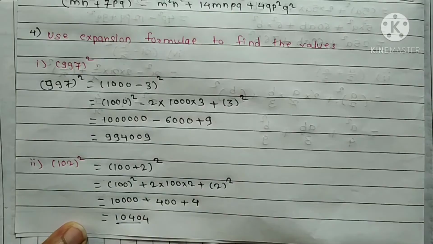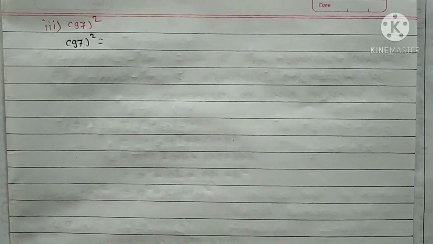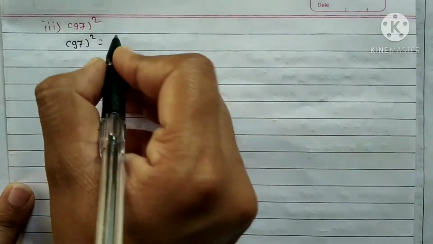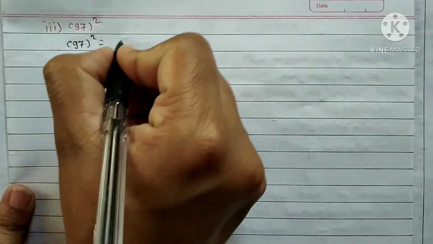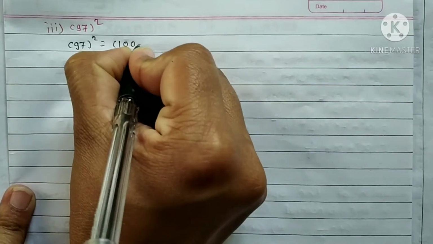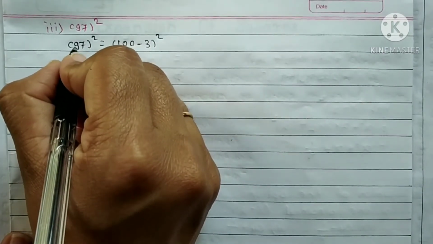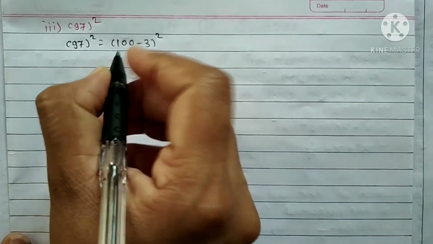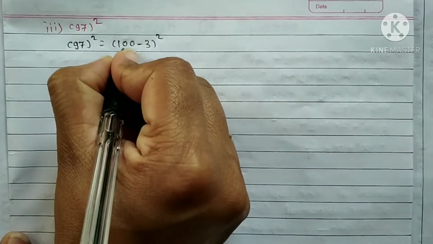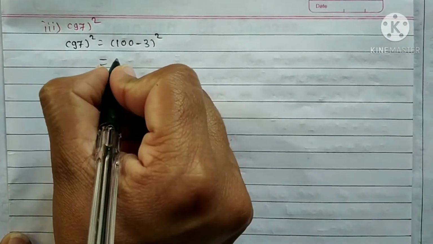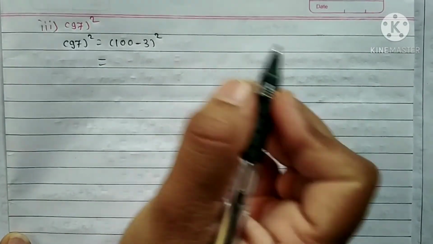Now see next is 97 square. 97 is closer to 100 and it is expressed in terms of 100 as (100 minus 3) whole square. 100 minus 3 is 97. So here we expressed it in this way. Now this is in the form (a minus b) whole square. You know that (a minus b) whole square is a square minus 2ab plus b square.